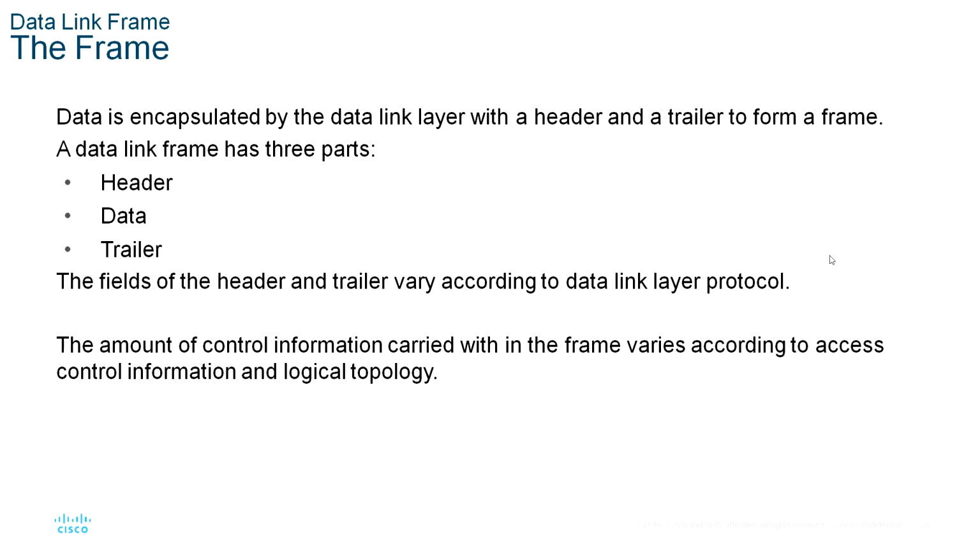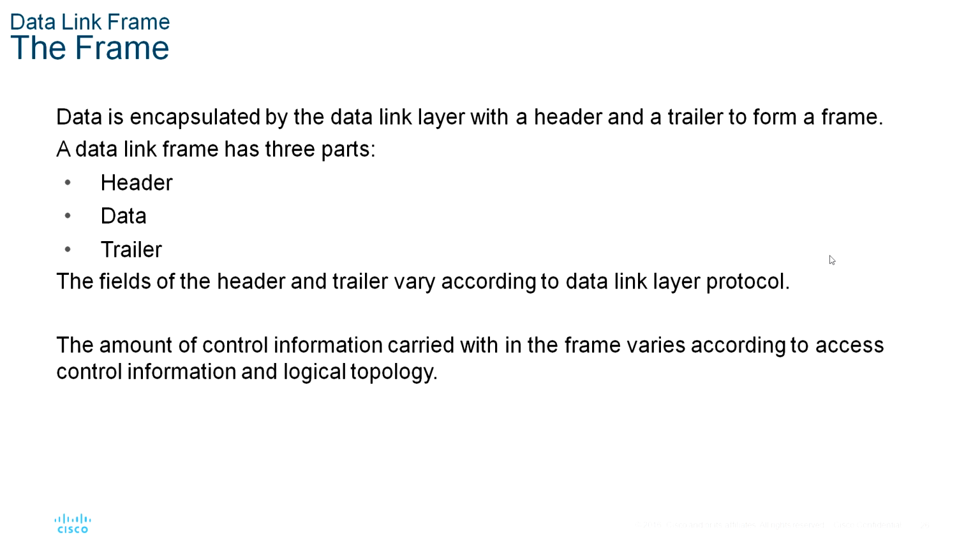The data link layer prepares the encapsulated data for transport across the local media by encapsulating it with a header and trailer to create a frame. The data link protocol is responsible for NIC to NIC communications within the same network.